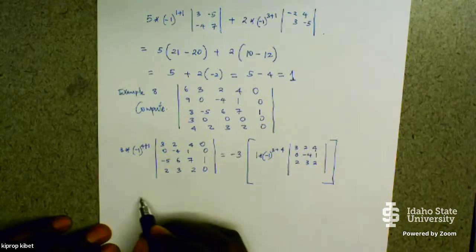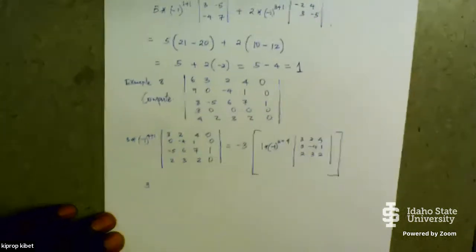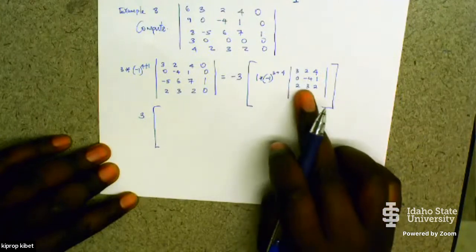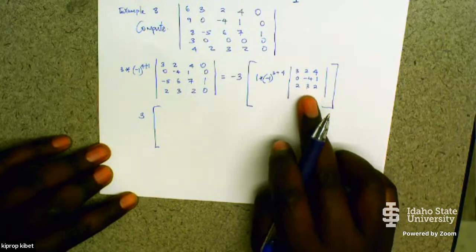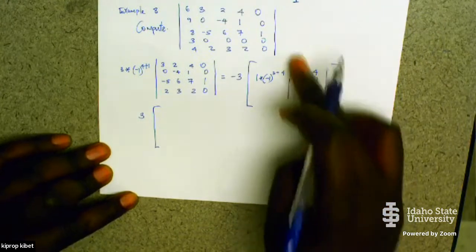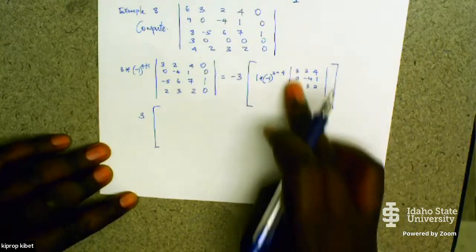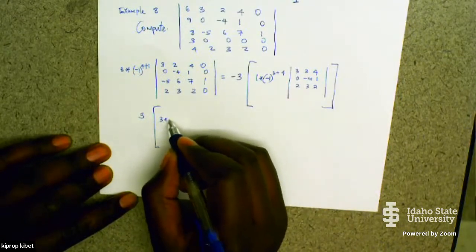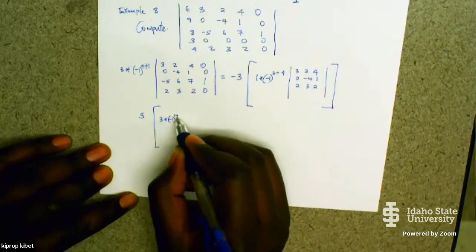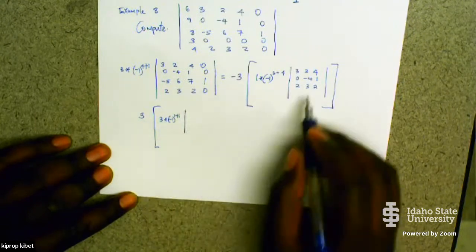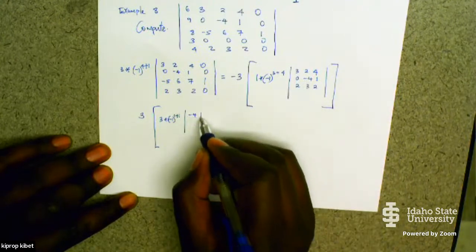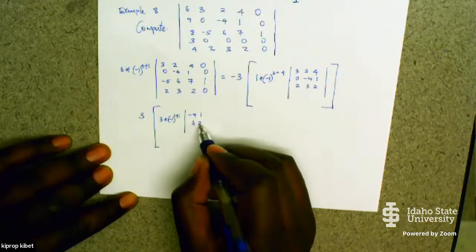So 3 is still outside. Now again we reduce. We take the one which has as many zeros as possible, so we can use the first column there. It is now 3 multiplied by minus 1 raised to 1 plus 1, and then the determinant of -4, 1, 3, 2.